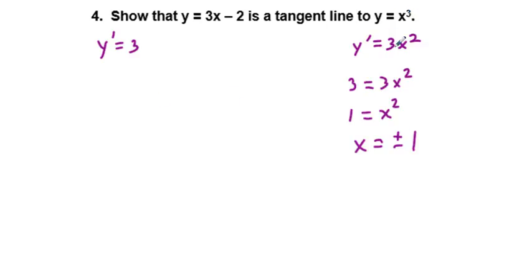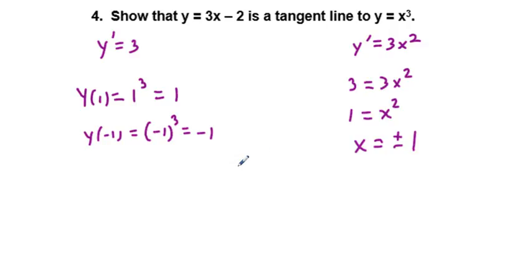So now if we go ahead and plug in 1, we'll say y sub 1 is equal to 1 to the third power, which equals 1, right? And y sub negative 1 equals negative 1 to the third power, which equals negative 1.